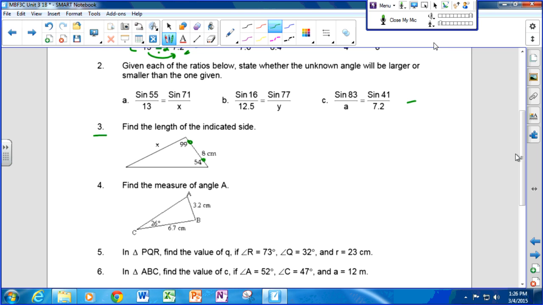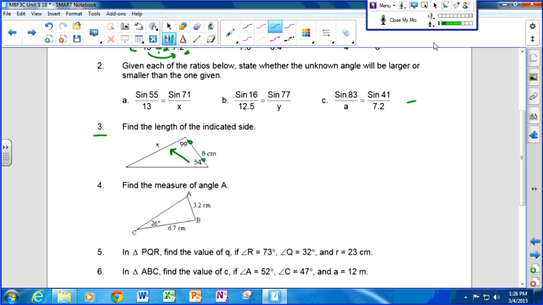Okay, so how are we going to solve this one? I think there's room right here to solve this one. I might have to go to a new page to solve the next one. So we're going to solve x. In order to solve x, we need the angle opposite x, which we have, and we need another angle and another side.